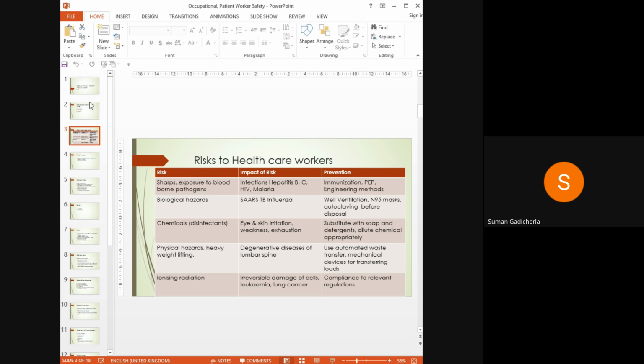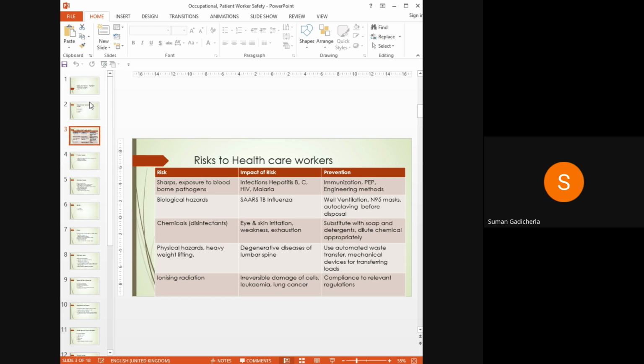They wear a badge kind of a thing that shows how much radiation they have been exposed to. Suppose their exposure is more than the permissible limits, then they are asked to stay back at home and take leave so that they can recoup. So the radiation exposure is reduced to a large extent.